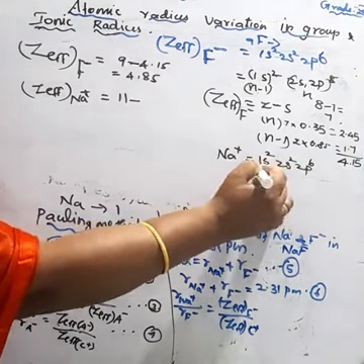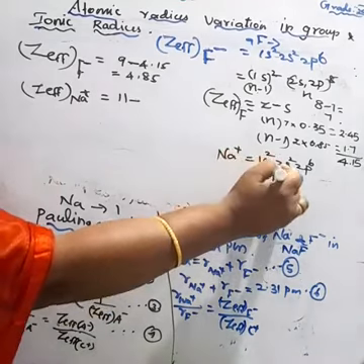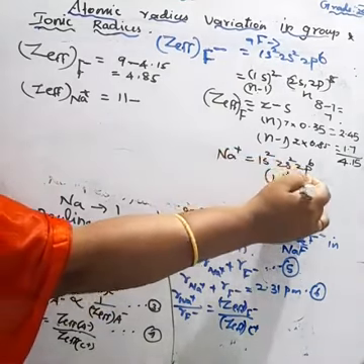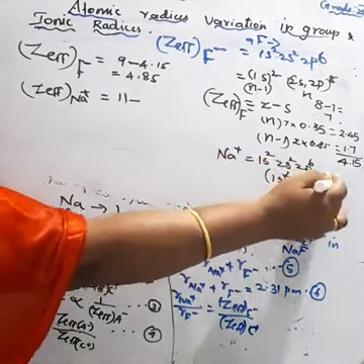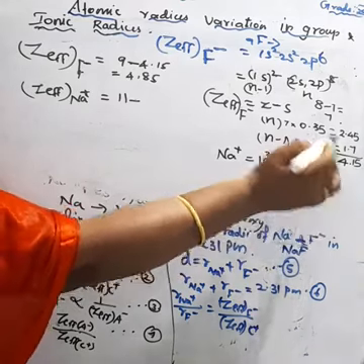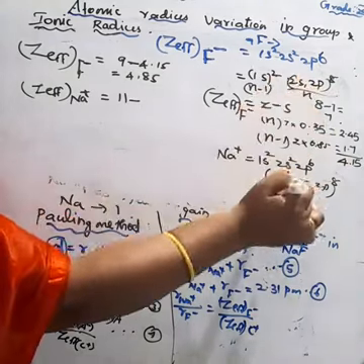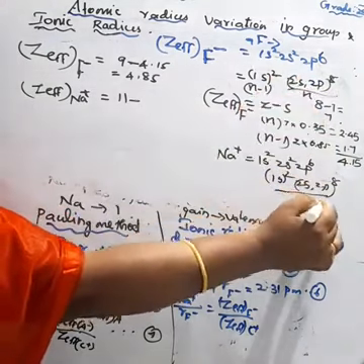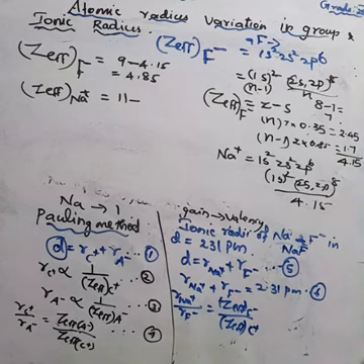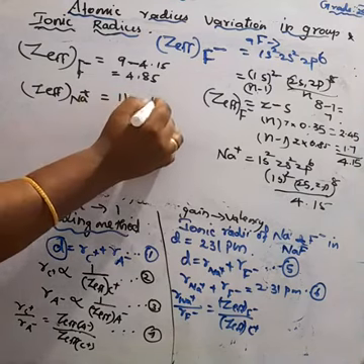Grouping these electrons, 1s2, 2s, 2p, we get 8 electrons. This is the same as the fluoride ion, so we know the value is 4.15. So 11 minus 4.15, we get 6.85.